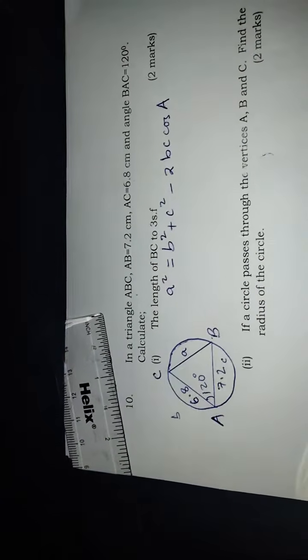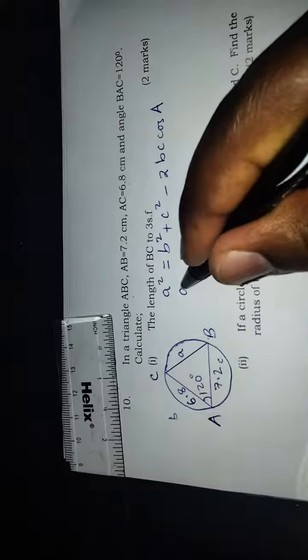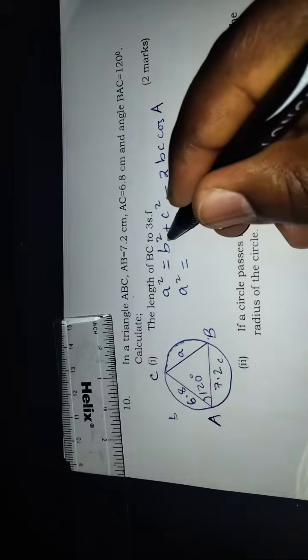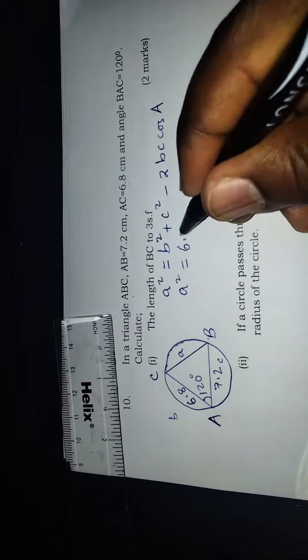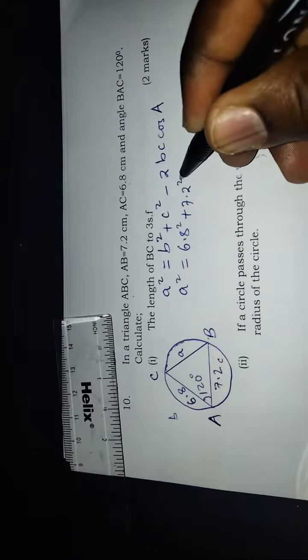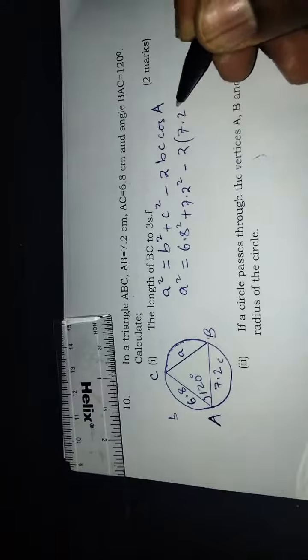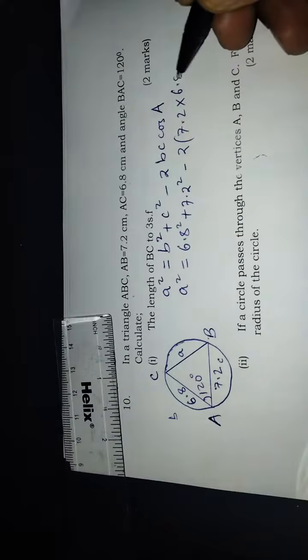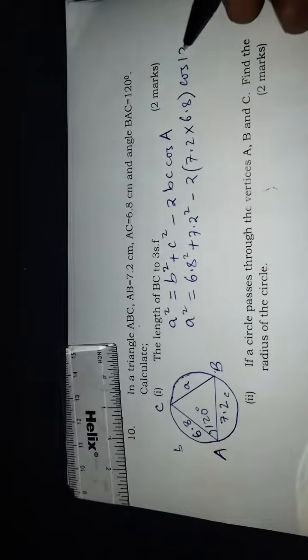So now we can substitute. Remember, the only unknown in this case is the length a, which is opposite to the angle A. a squared is going to be 6.8 squared plus 7.2 squared minus 2 into 7.2 times 6.8, the cosine of 120.